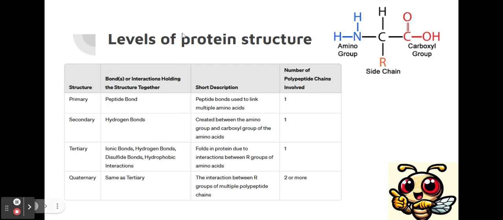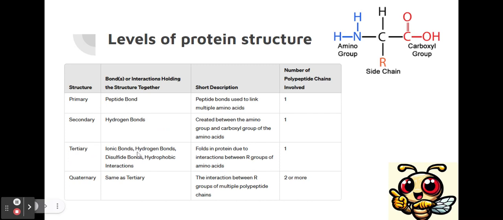The primary level of structure, that's just the chain of amino acids that's got strong peptide bonds, which are covalent bonds between them, again made during dehydration synthesis reactions. Secondary, again, is that hydrogen bond. These are the weakest because hydrogen bonds are so weak. Tertiary is the next level up.